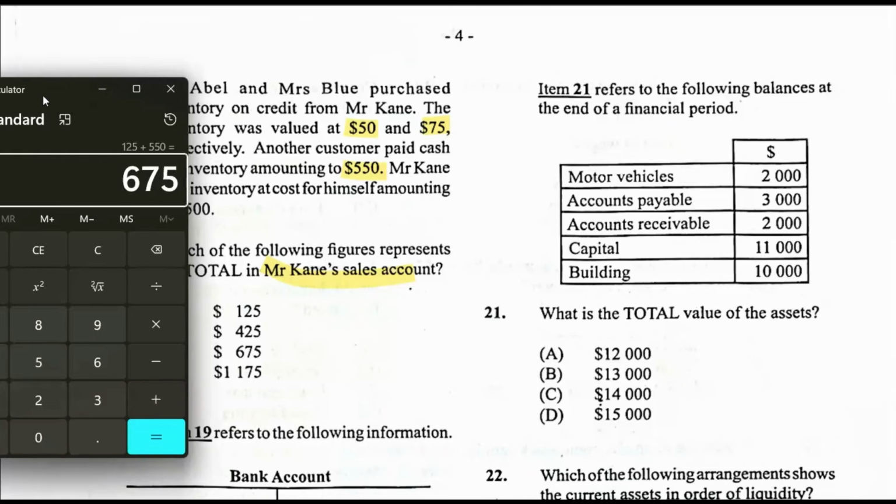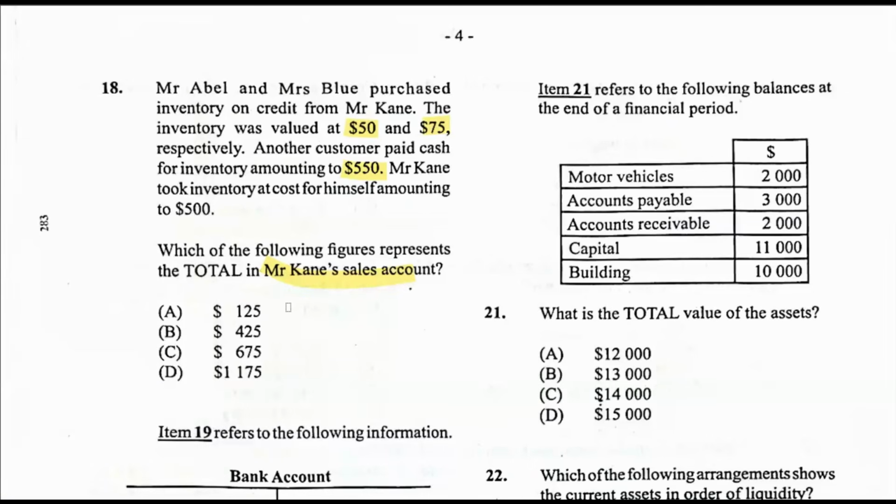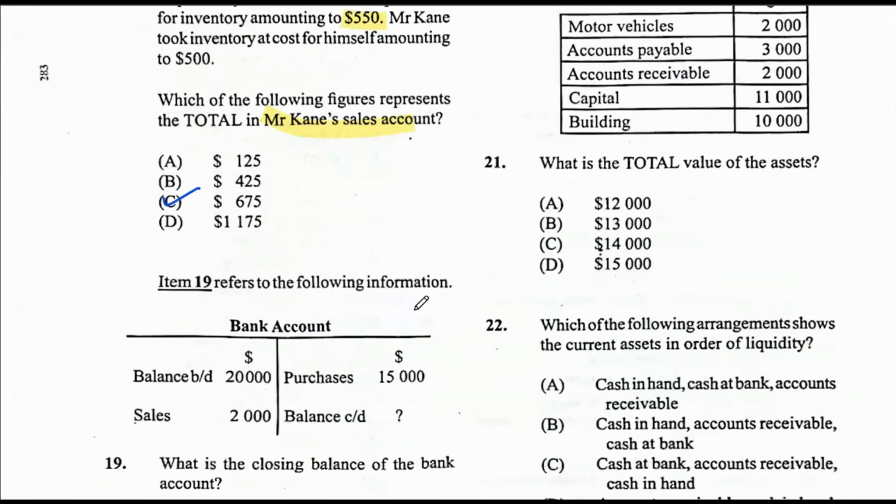Alright, guys, and I'm getting $675, which is option letter C. Alright, time for us to move on to number 19, guys.